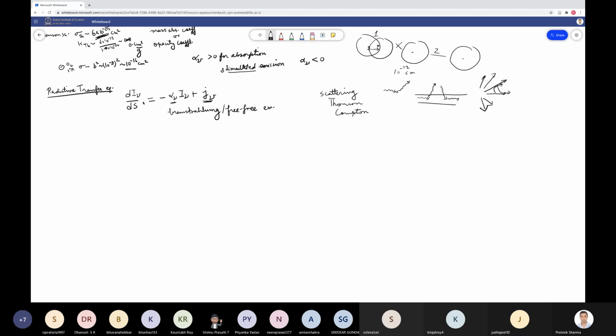And so this is the radiative transfer equation. As you can see, because of this coupling in the angular direction, this differential equation that I have, in the presence of scattering, actually is an integral differential equation.